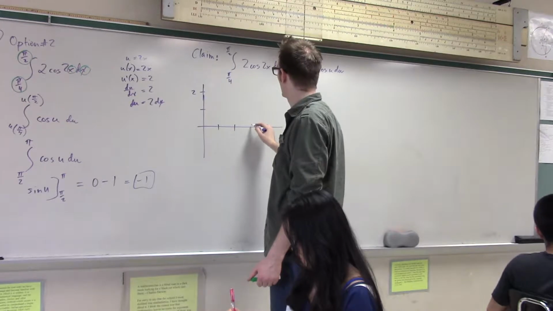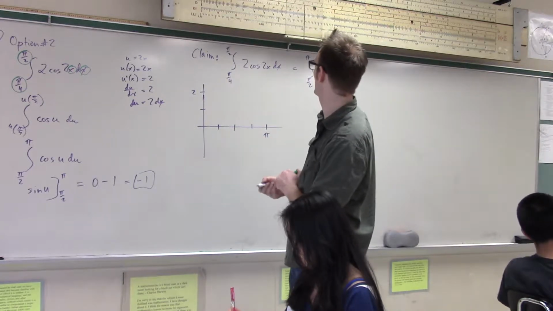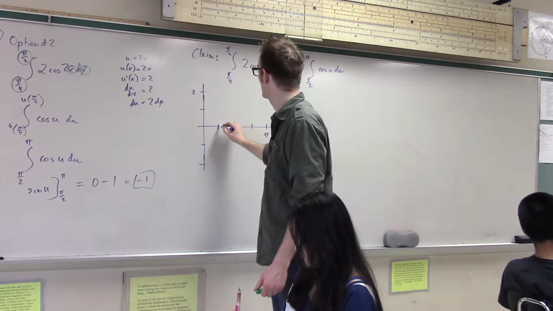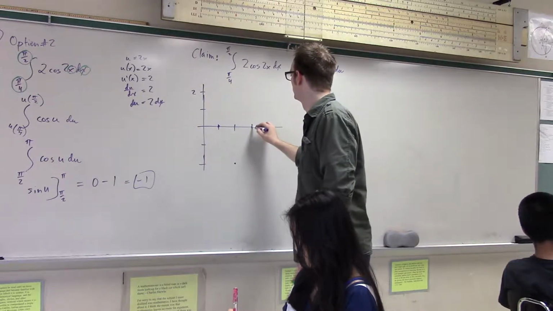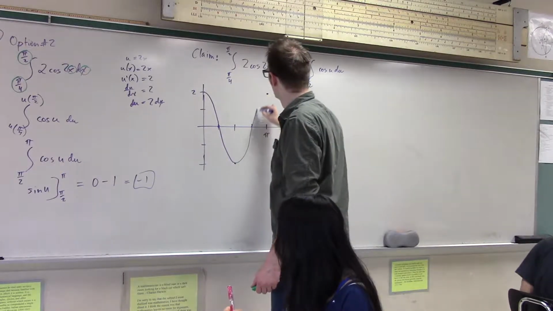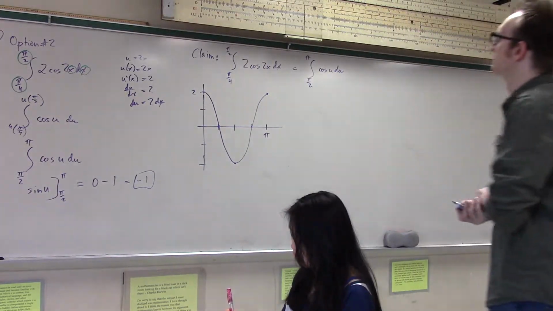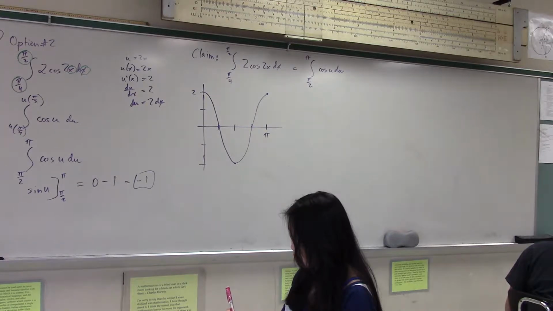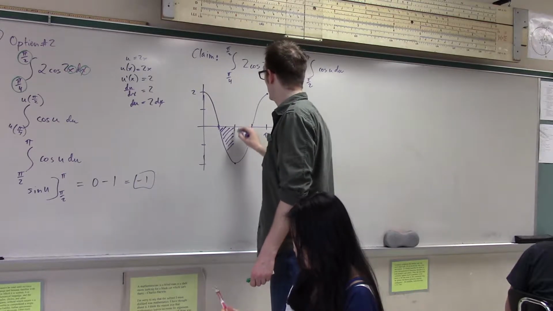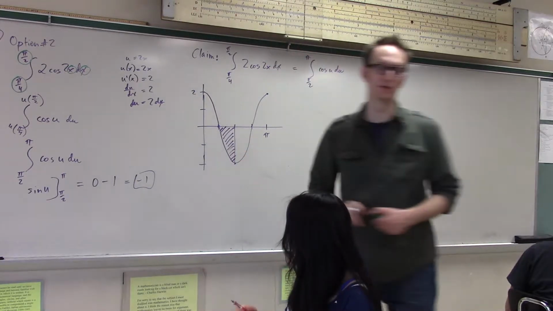So we got a little bit of this. To graph this function, it's just kind of pre-calc A skills. It's going to look like that, I think, right? That is 2 cosine 2x. And the integral from pi over 4 to pi over 2 is that shaded region.